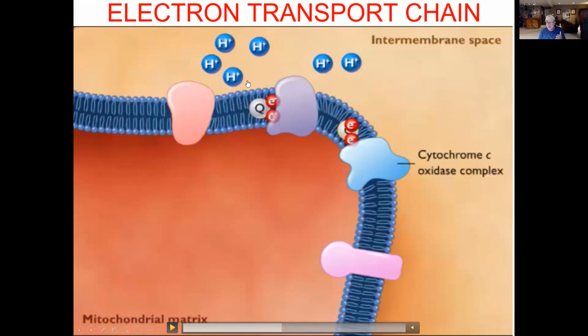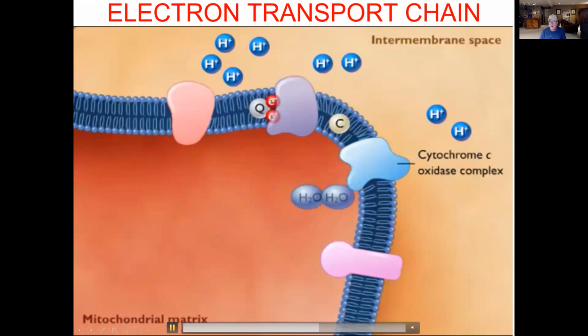These blue spheres with hydrogen ions are going to start to accumulate in the space as the electrons get passed from those electron carriers to special proteins. There goes some more hydrogen ions across the inner mitochondrial membrane as a result of those electrons getting shuttled from protein to protein.